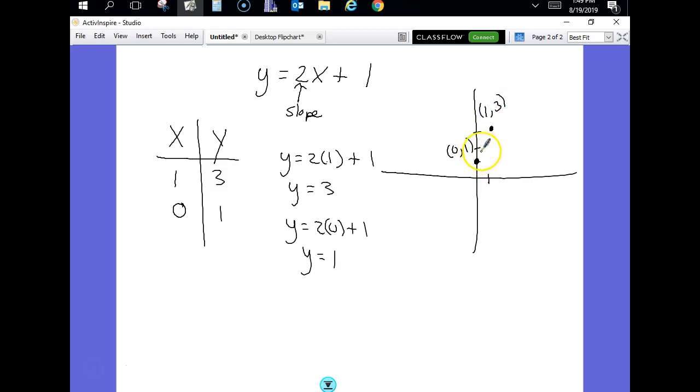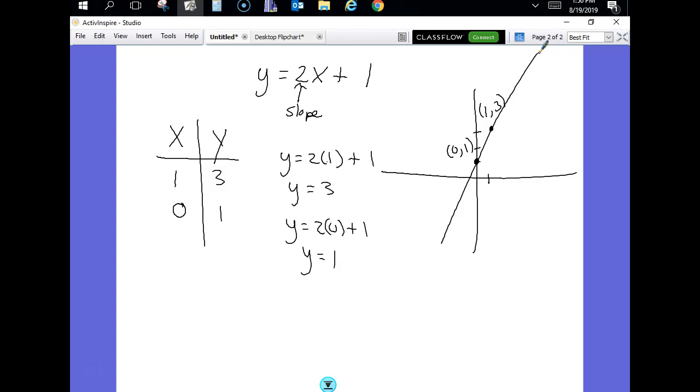Right? And now there's other points here too. Like I could have plugged in 0.5 for x, right? And if I plugged in 0.5, then I would probably have a point in here somewhere, right? So there's really an infinite number of points. We just have 2. And so the way we show all the points that could possibly exist, we draw a line, right? So there's that.